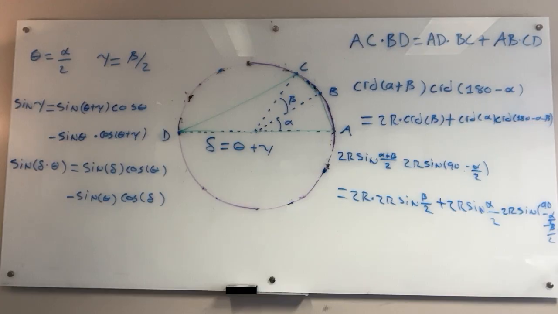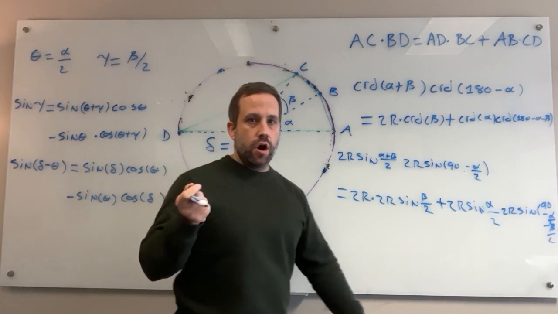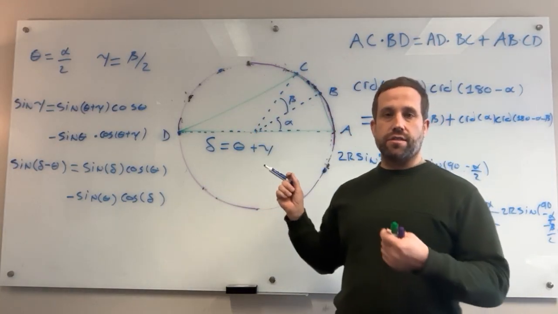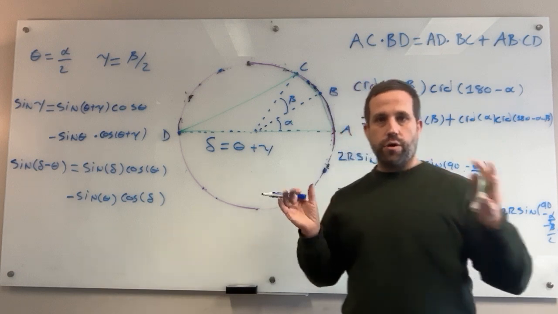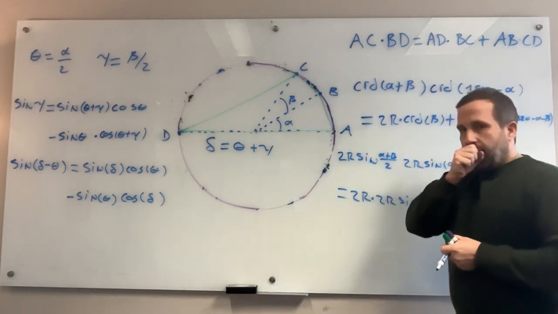Okay. So now we have this. This is the typical difference of angle formula for sines. And obviously I'm using here that we know that the sine of 90 minus theta is equal to cosine of theta when we're measuring things in degrees.